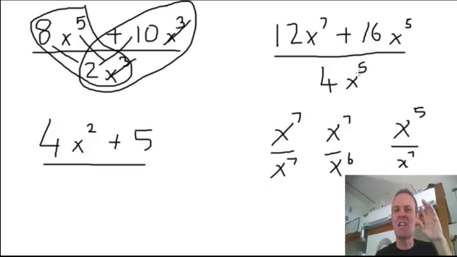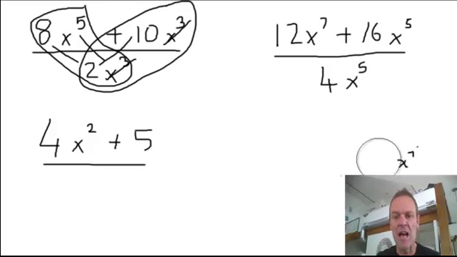If I divide it by an x6, again, the x5 is too small. So I've got to stick to x5. The x7's okay, it's big enough. The x5 will only divide by an x5. So that's the greatest common factor for x5.